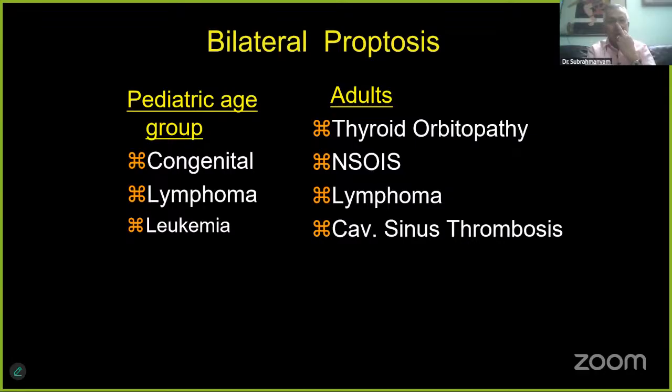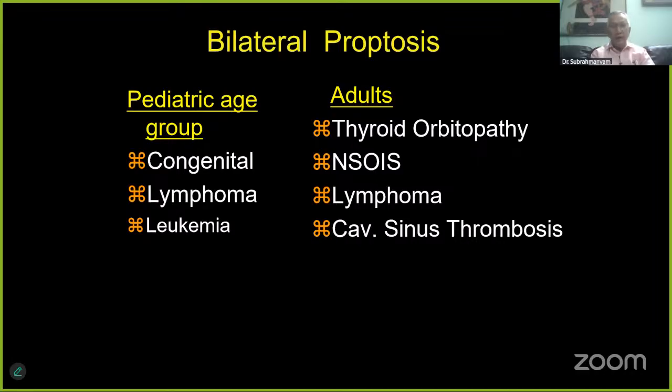We would like to know whether the proptosis is unilateral or bilateral. The most common causes of bilateral proptosis among children, that's the pediatric age group, are congenital lesions, lymphomas, and leukemias.